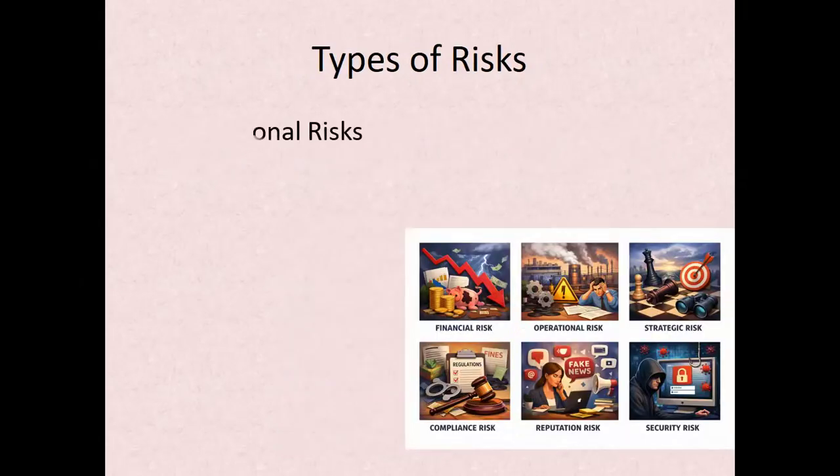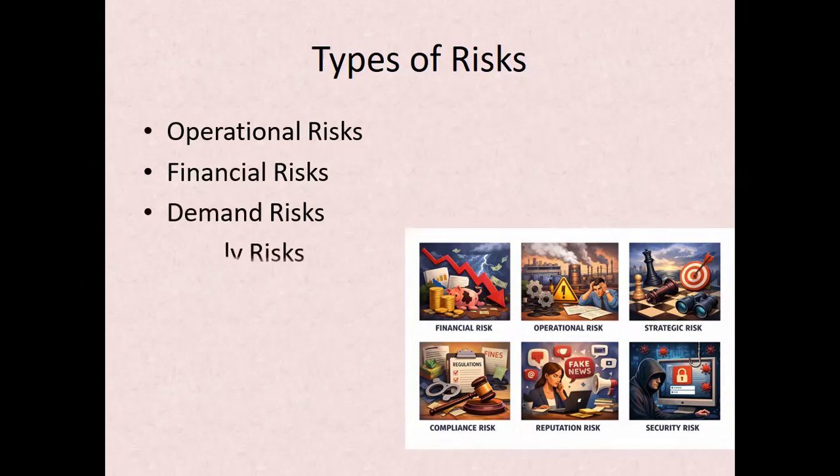Let us discuss the different types of supply chain risk as classified in the existing literature. Supply chain risk can be broadly classified into major types. The first one is operational risk, which arises from internal process failures, say machine breakdowns or labor issues. Financial risk includes currency fluctuations, inflation or cost instability.